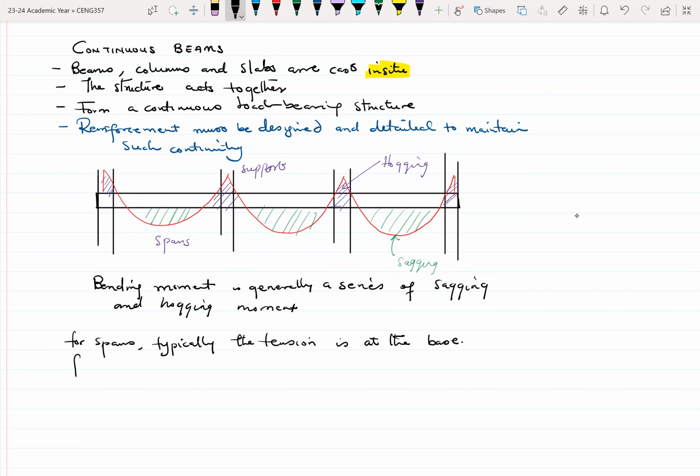And then for supports, or over supports, typically, again, because sometimes it's not always the case, but normally this is what you have. The tension zone is, no, not saying B, let me say bottom. At the bottom for the first one, then at the top for the second one.